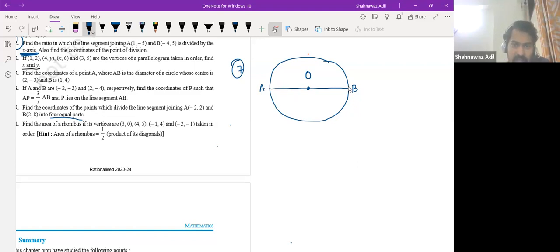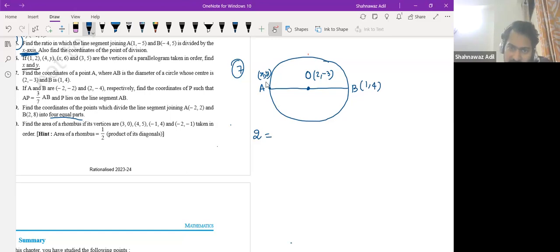Yes, sir. And what are the coordinates that are given? So center is 2, comma 3. B is 1, comma 4. And we don't know this thing. This is x, comma y. Remember, this is the midpoint, right? So how do we write the midpoint? From the midpoint formula, 2 would be how much?